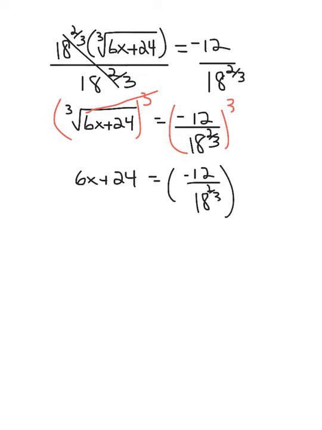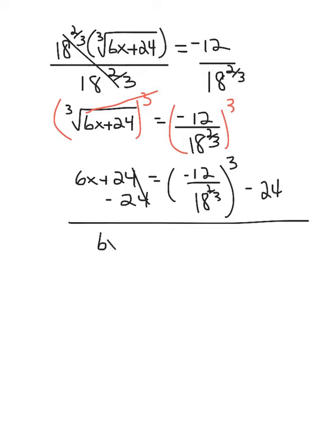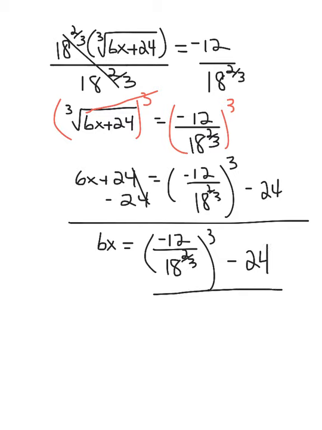Then from there, I would subtract 24 over, and then divide by 6 as well. So let me just write this first: 6x equals negative 12 over 18 to the 2/3 power, cubed, minus 24. And then that value I'm going to divide by 6.